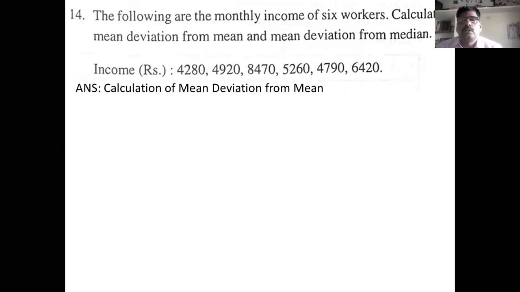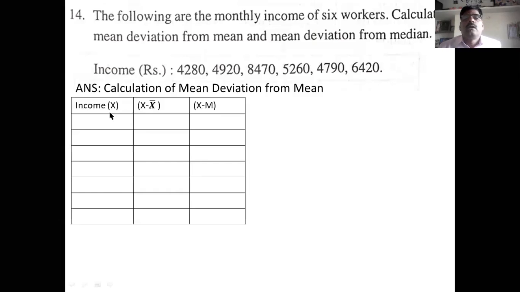Then apply the equation. For this, I prepare the table. Income is called X. Then I'll calculate x minus x bar for deviation. Then x minus m, meaning median, for the second part. Only two columns are essential and the third column is for mean deviation.